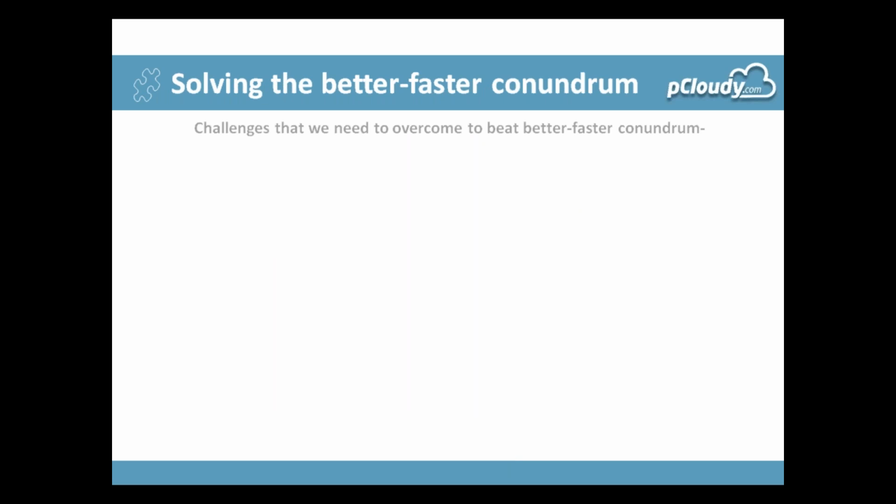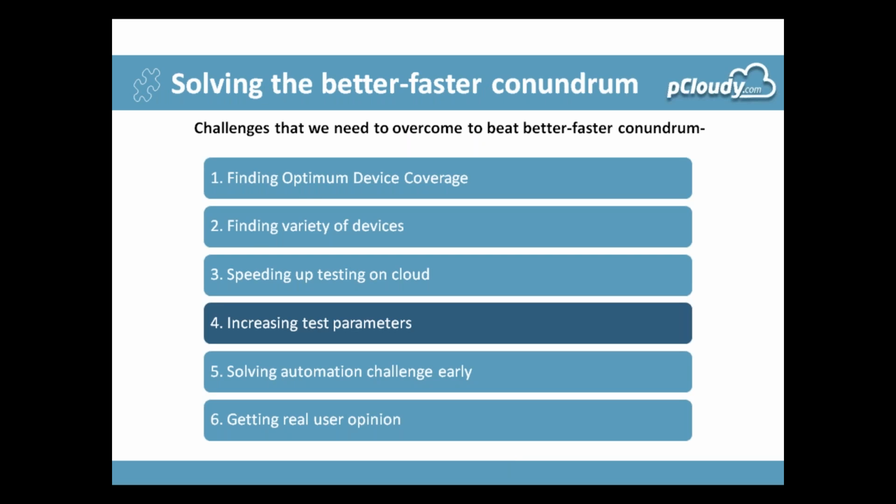Now, moving to the next challenge, can the cloud solution be used to increase the testing parameters? Because as we discussed earlier, as part of the roadblocks, one of the key asks was how is the performance of the application, be it network related or in-field performance.